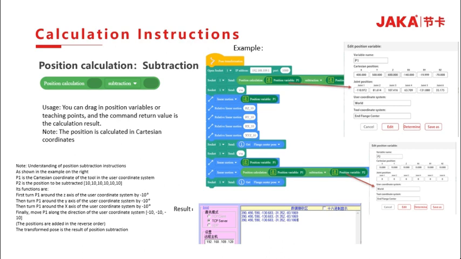Finally, P1 is shifted by minus 10 millimeters along the direction of the user coordinate system x, y, z. And its change in order is just the opposite of the order of position addition. The changed pose is the result of the position subtraction.